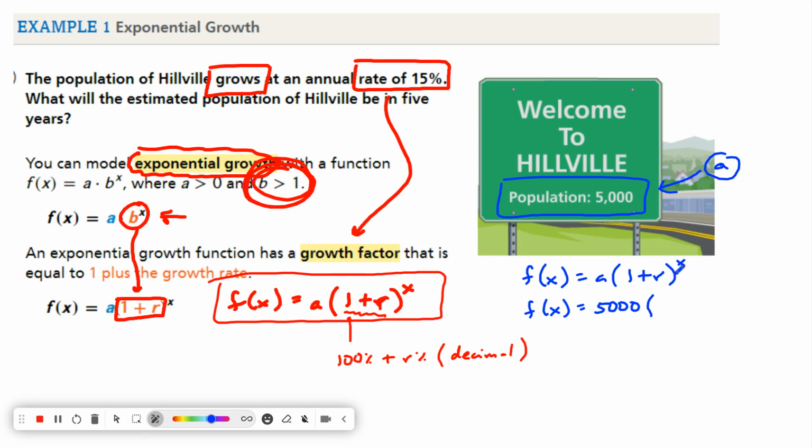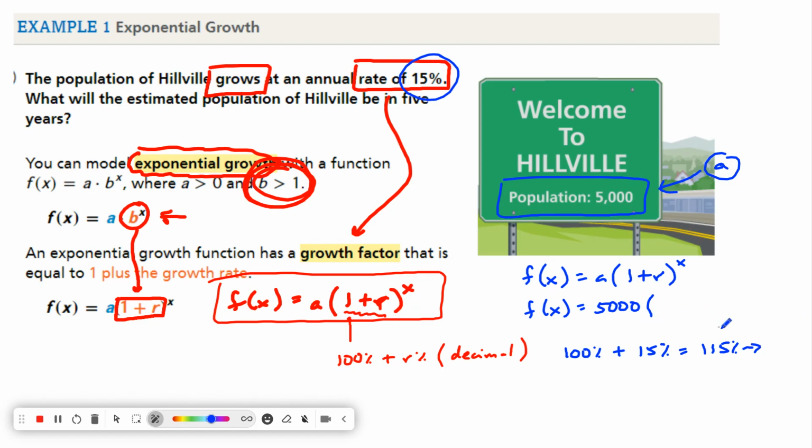And now the 1 plus r, I'm going to handle it right down here. I'm going to write 100%, because that's what 1 is as a percentage, plus the percent they gave us, which was 15%. I'm going to add those, and that's 115%. And now we need to change this into a decimal.